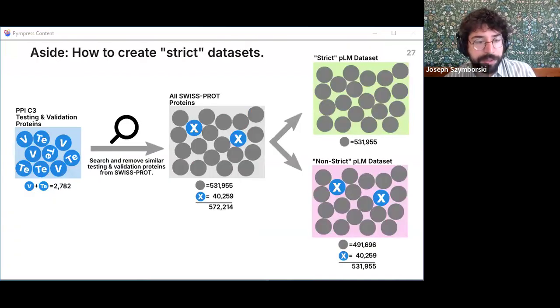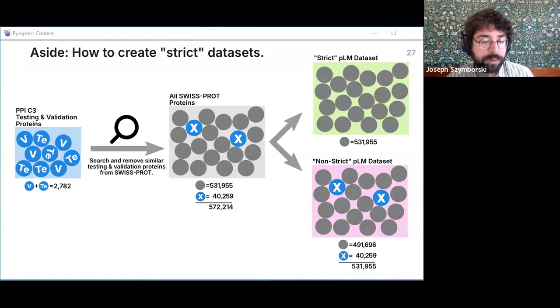The way that we do this, briefly, is that we look for all proteins similar to testing and validation proteins from the downstream task among the population of proteins the pLM is being trained on. Then, for the strict pLM, you remove those proteins from the training data set. For the non-strict pLM, we make sure they were among them.